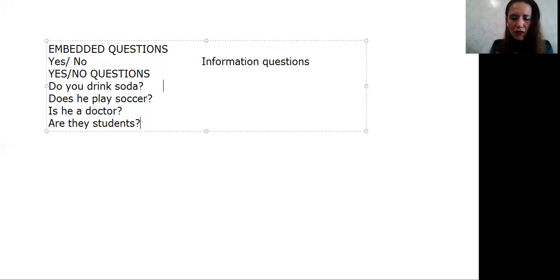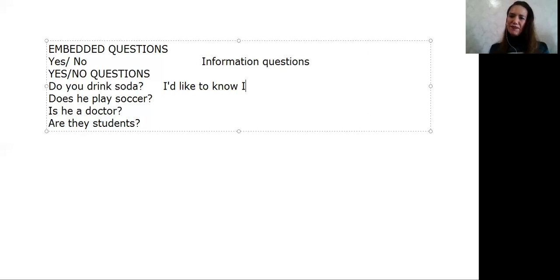For example, I'd like to know, this is one of the forms of an introductory phrase to make an embedded question. So I'd like to know, and then because it is a yes/no question, I'm going to use if. I'd like to know if, and then I'm going to think of a sentence. Remember that in a sentence in simple present tense, you don't need the auxiliary do.